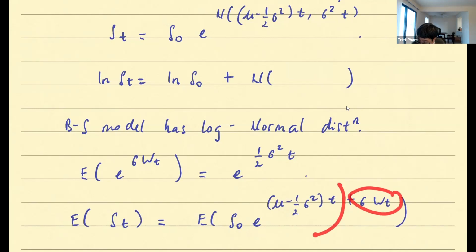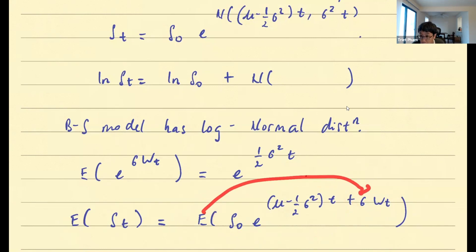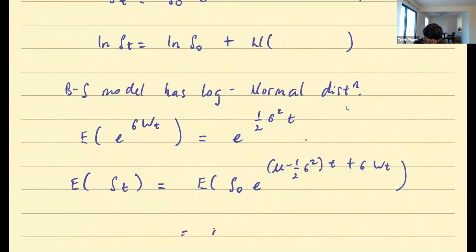Because all these parts are deterministic, they can go out. So all you do is hit the expectation on the exponential of the Brownian motion, which you know is this. And because of the product, you see the answer will be S0 e to the mu T. Is it okay?